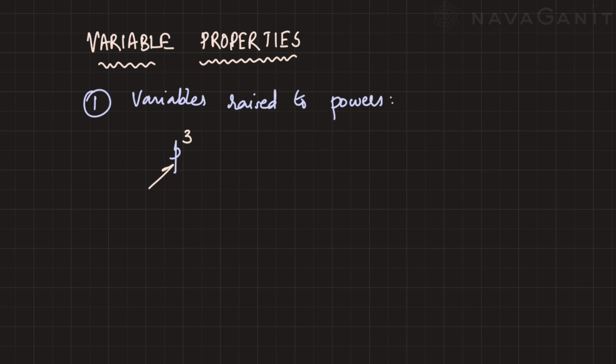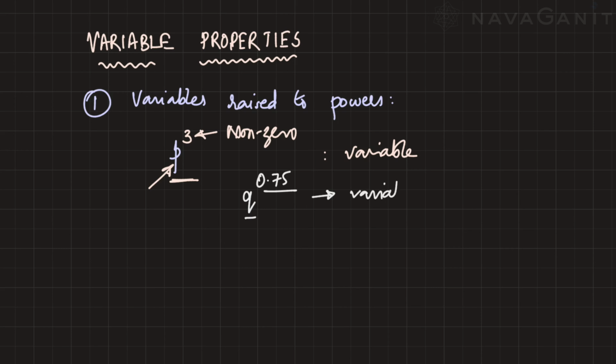So P is a variable and we are raising it to a non-zero power, so P cube is also a variable. Similarly, say we have Q raised to the power of 0.75. This power is non-zero, so it will remain a variable. Similarly, say we have t to the power of 1.5. A variable raised to a non-zero power will always be a variable. This is the first property.